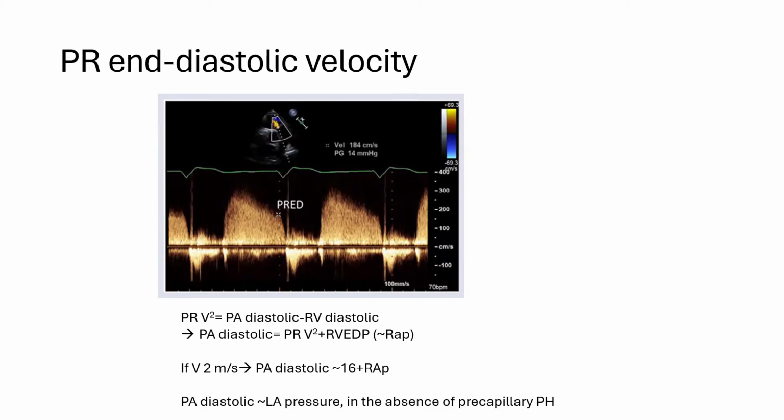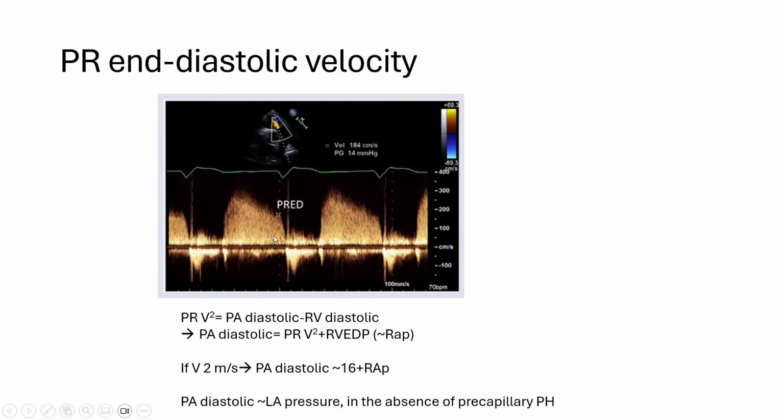Another important diastolic parameter is the pulmonic regurgitation end-diastolic velocity. We obtain that on the aortic short axis view, and we place a continuous wave cursor across the pulmonic valve, and we try to get the pulmonic regurgitation envelope. Now, the pulmonic regurgitation end-diastolic velocity squared will correspond to PA diastolic pressure minus RV diastolic pressure.